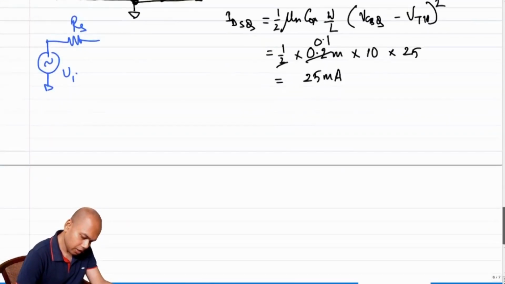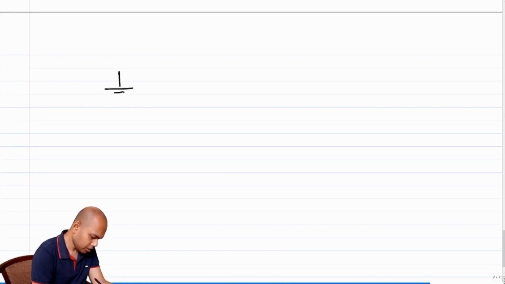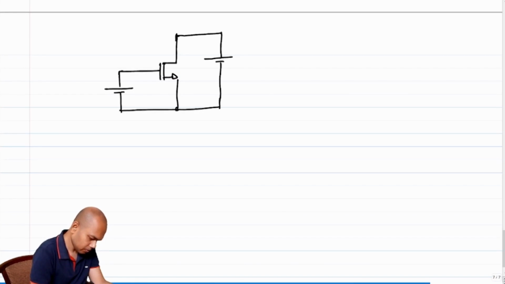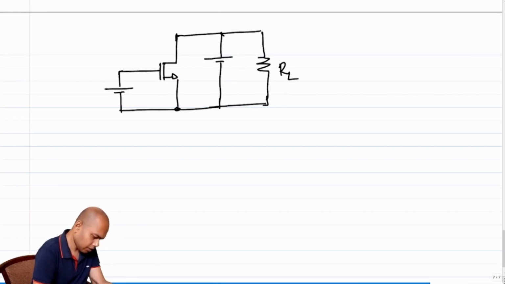So let me ask you this. RL should be drawn in a different color, right?